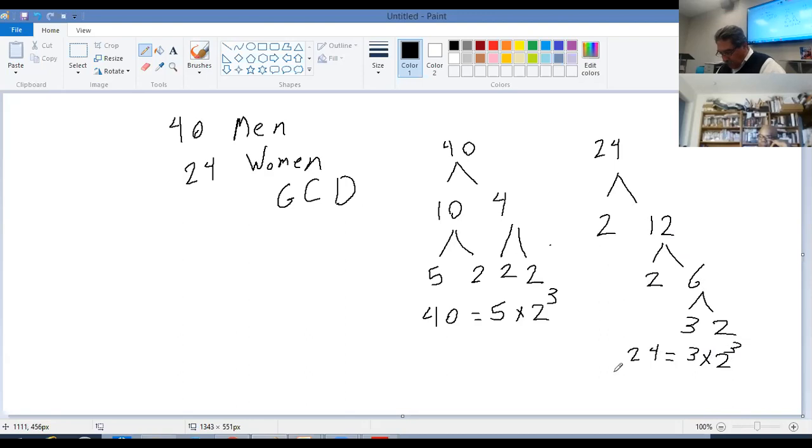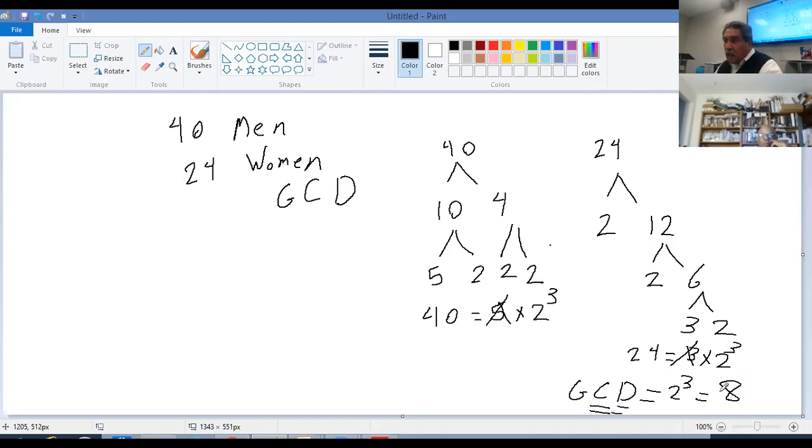So what would be the GCD? Remember, common divisor, but the greatest. That means how far can I go up while the number must still divide both 40 and 24. Well, 5 is not common, 3 is not common, it's only 2, which is the same in both cases, 2 to the power of 3, which is equal to 8.